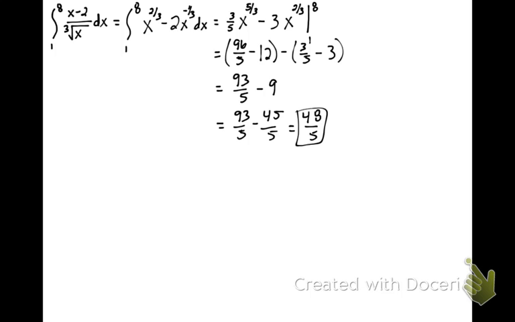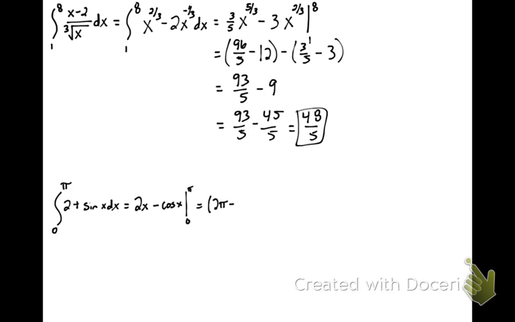Let's consider another problem. The integral of 2 plus sine x dx from 0 to pi. The integral of 2 is 2x, and the integral of sine x is negative cosine x. We'll be looking at this from 0 to pi. If I substitute in pi, this will be 2 pi minus the cosine of pi. No, pi would be, that's 0, that's 90.